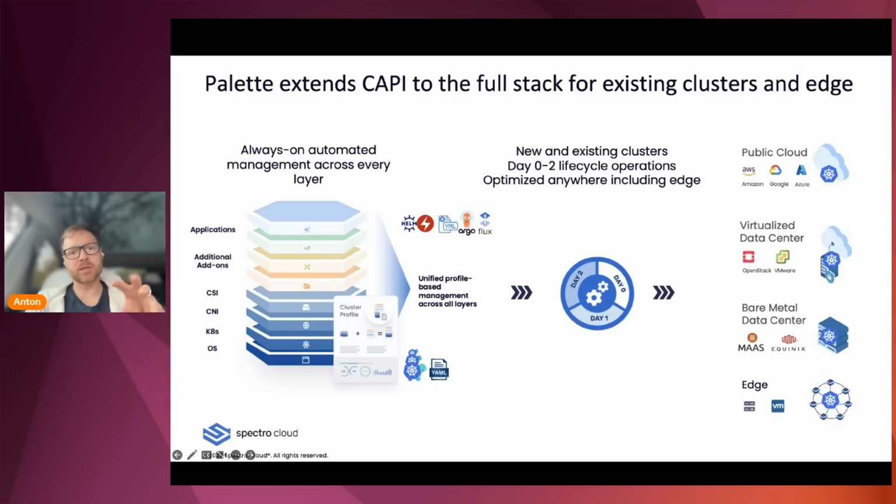So Palette extends CAPI, Cluster API, to the full stack for existing clusters and for Edge. So what that means is we build this thing called a cluster profile. It's a beautiful, intuitive way to model a Kubernetes cluster, including add-ons. And using Palette with UI or programmatically, like with Terraform, you can create your own stack, complete with versions, operating system choices like Ubuntu, CNIs, CSIs, and any additional add-ons such as Service Mesh.